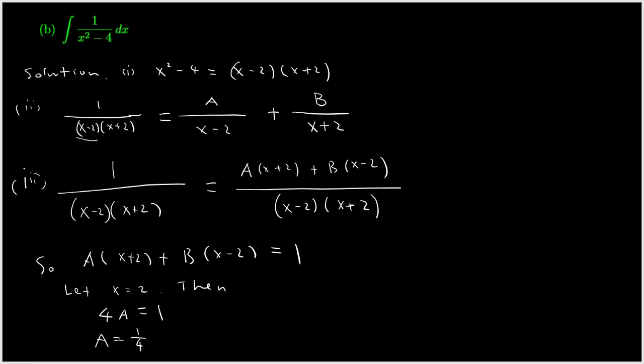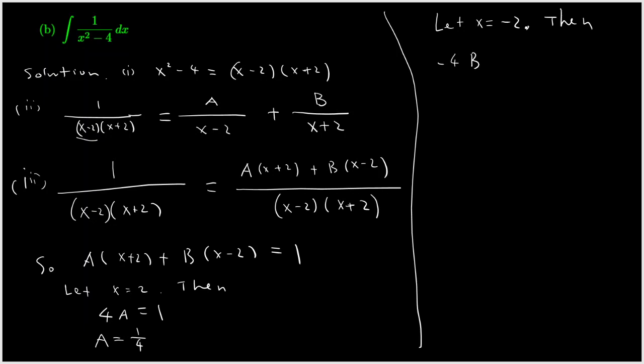And the x value of negative 2 will determine the value of b. Likewise, you let x be negative 2, and then the equation becomes negative 4b.